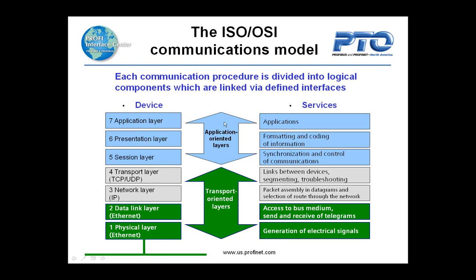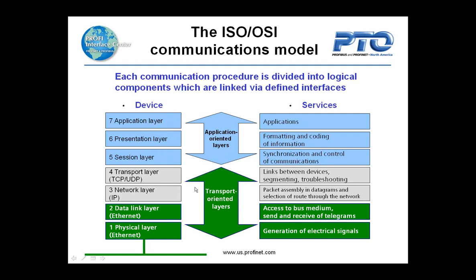These are known as the application-oriented layers. So you have a protocol or an application you want to run over the network. The service, maybe you want to have a web service or web application. You can design that application, then you have to tell how you want that information to be formatted or coded, and how you want to synchronize or control the communications for that application. That would fall up here in these layers.